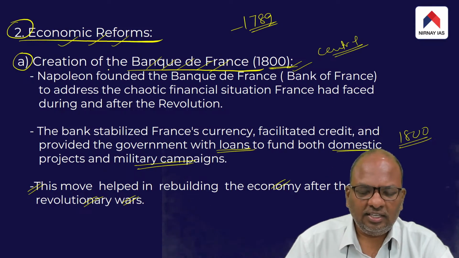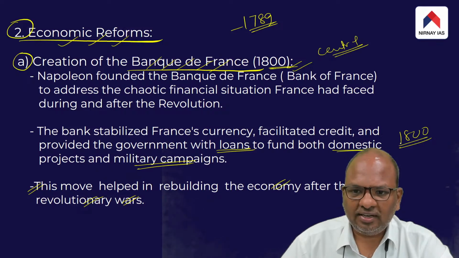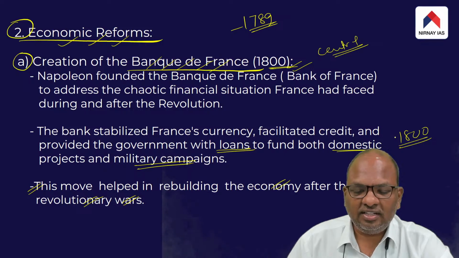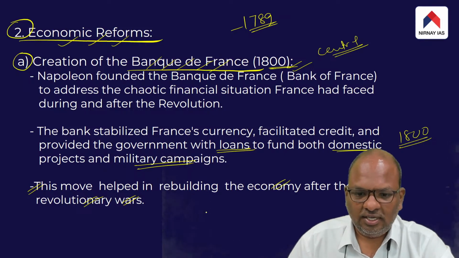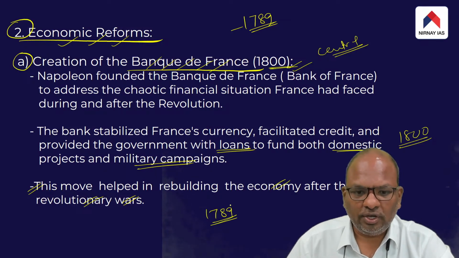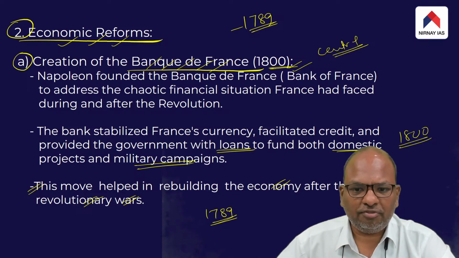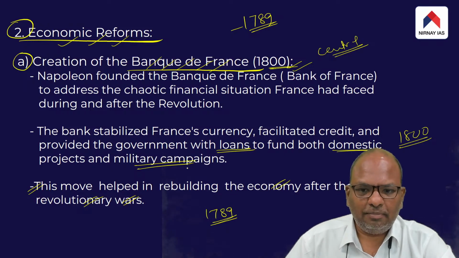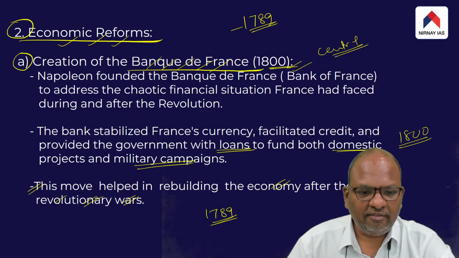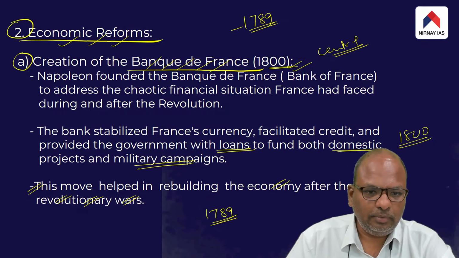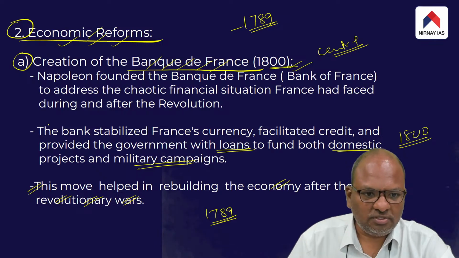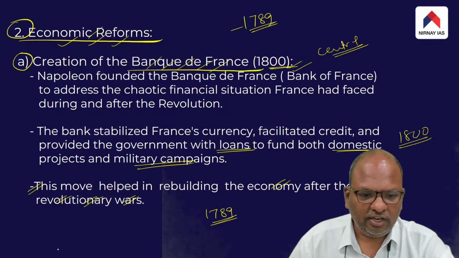Since the outbreak of the French Revolution in 1789, wars had been going on. It resulted in a lot of chaos. So the establishment of the bank played a very important role in once again rebuilding the economy. That's about economic reforms. This is point A of economic reforms.